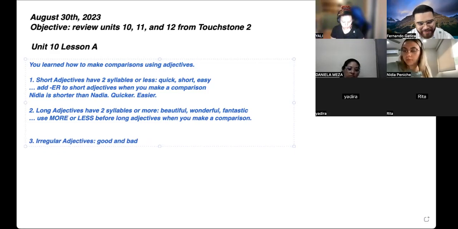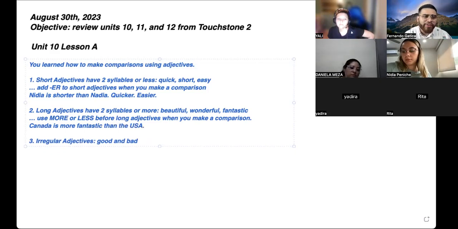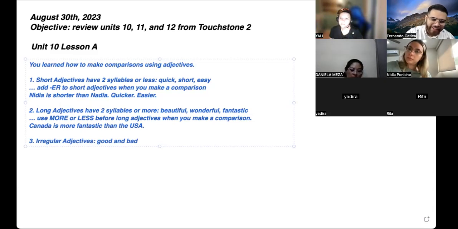The United States. Canada is more fantastic than the United States. I don't know if that's true. It's just an example. Okay. So Canada is more fantastic than the USA. Some people love Canada, some people love the United States.